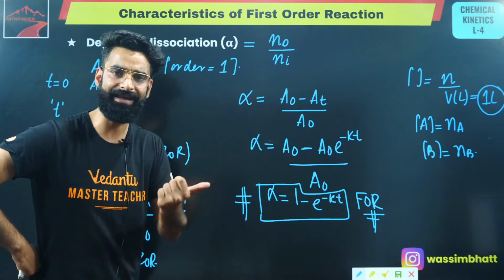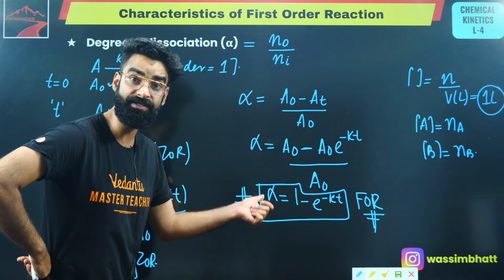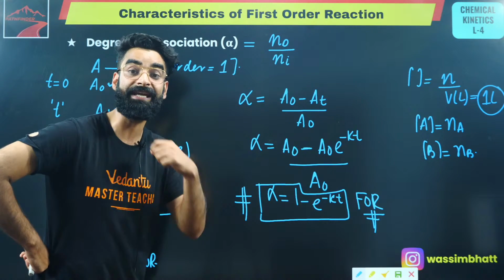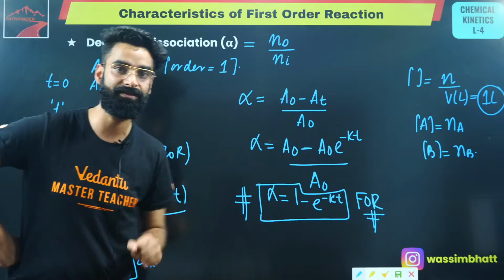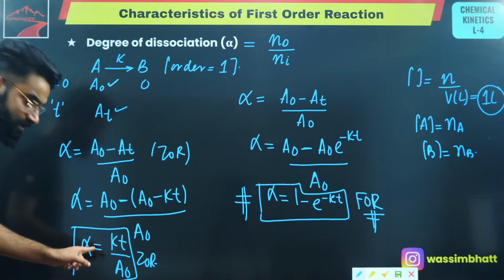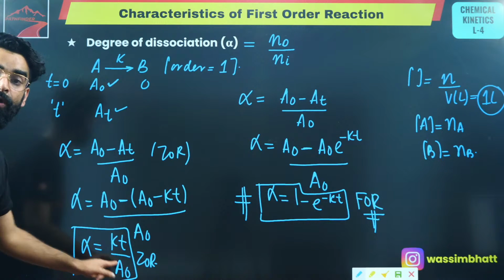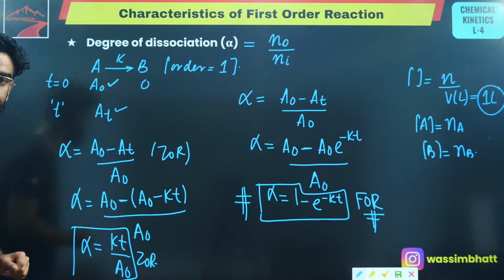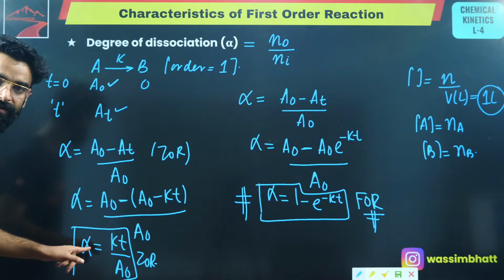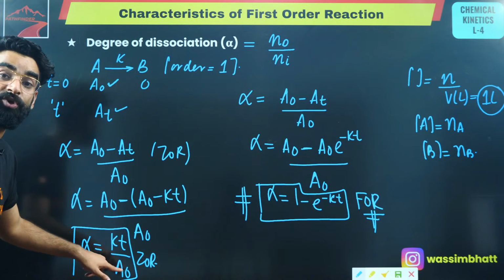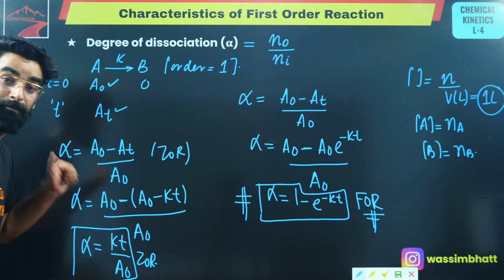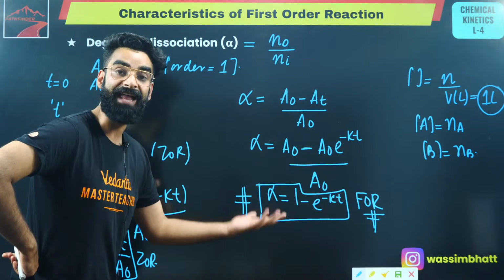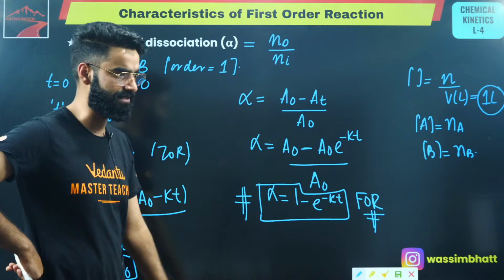But if you talk about the zero order reactions, alpha is inversely proportional to A0, and A0 is what I call the initial concentration of reactant. So in case of zero order reaction, alpha depends on the initial concentration of the reactant, but in case of first order reactions, alpha does not depend on the initial concentration of reactants.